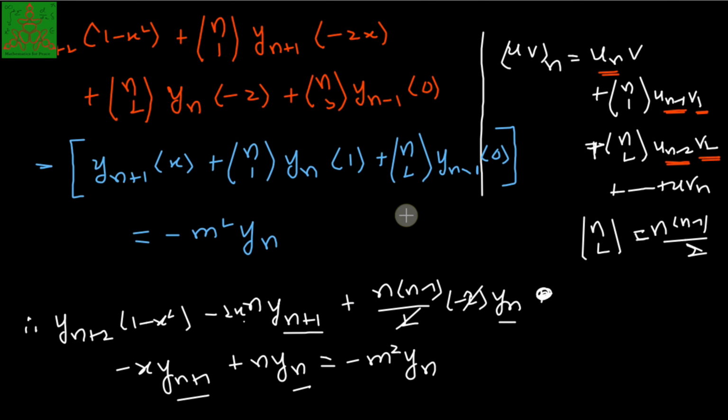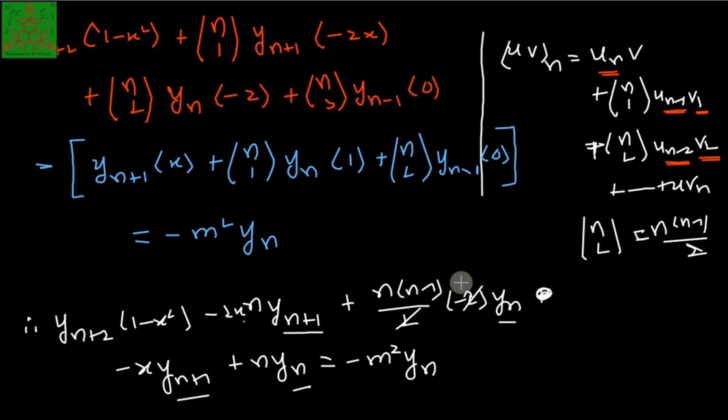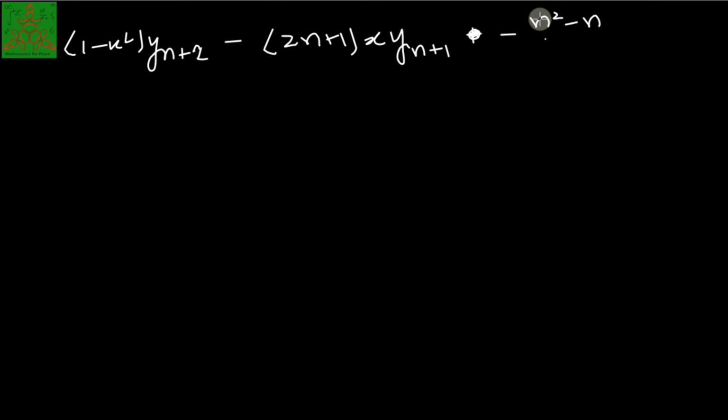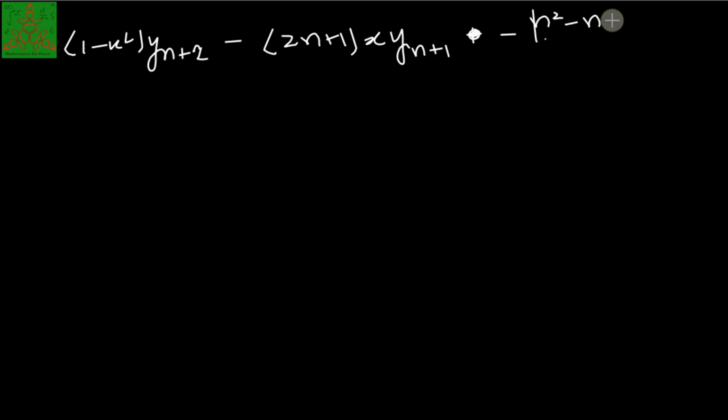If I take minus out, so it will be minus n square minus n upon 2 will get cancelled, so nothing is upon, into yn. And you can just observe that one more yn is there, but it is a plus sign, and I have taken minus common.